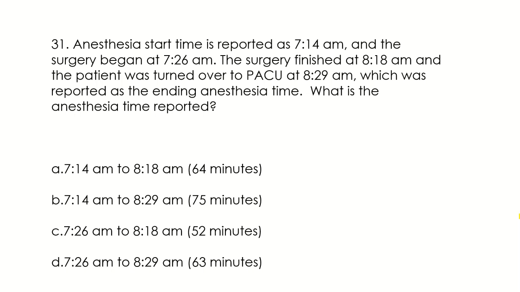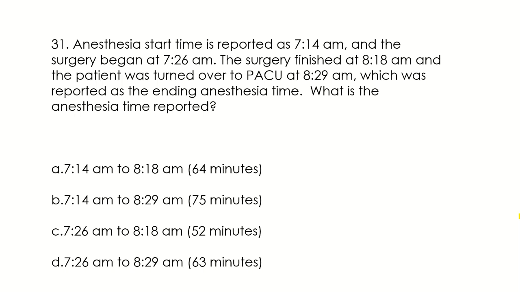All right, here are your answers. We've got A, 7:14 a.m. to 8:18 a.m., which is 64 minutes. B is 7:14 a.m. to 8:29 a.m. That's 75 minutes. C is 7:26 a.m. to 8:18 a.m., 52 minutes. Or D, 7:26 a.m. to 8:29 a.m., 63 minutes.